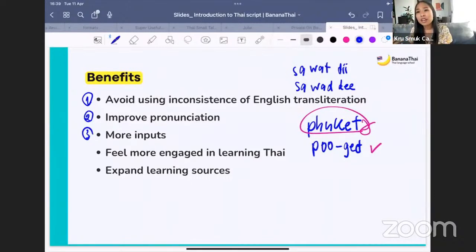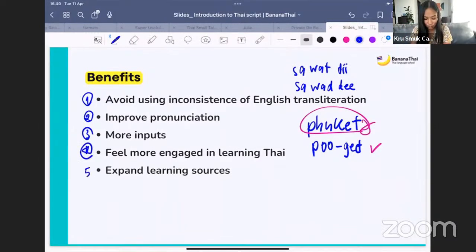So more input, because then you're not only limited to listening practice and speaking practice, but you also will be able to look at things and recognize and read. And that is the key of learning, because you will have more input to learn. And then you will feel much more engaged when you want to learn Thai.